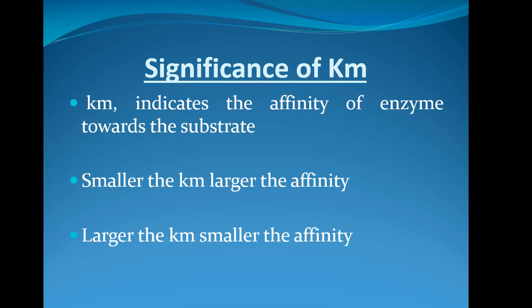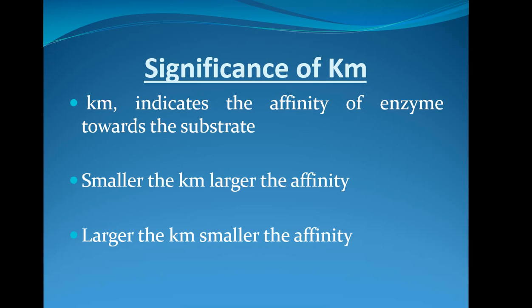Let us see what is the significance of Km. Km indicates the affinity of enzyme towards the substrate. Smaller the Km, larger the affinity, and larger the Km, smaller the affinity.